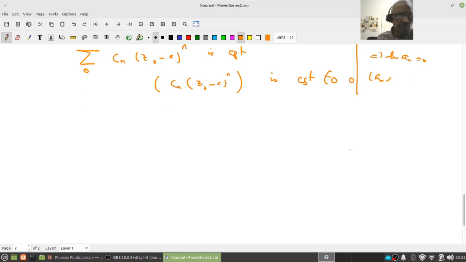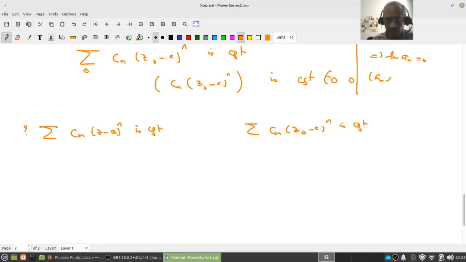Now let's go back to what I want. What I want to show is that summation Cn z minus a to the power n is convergent. This is what I want to show. But what I know is that summation Cn z naught minus a to the power n is convergent, right? And also I know mod z minus a is less than r, that is less than mod z naught minus a, that's less than R. Keep all these things in mind, right?